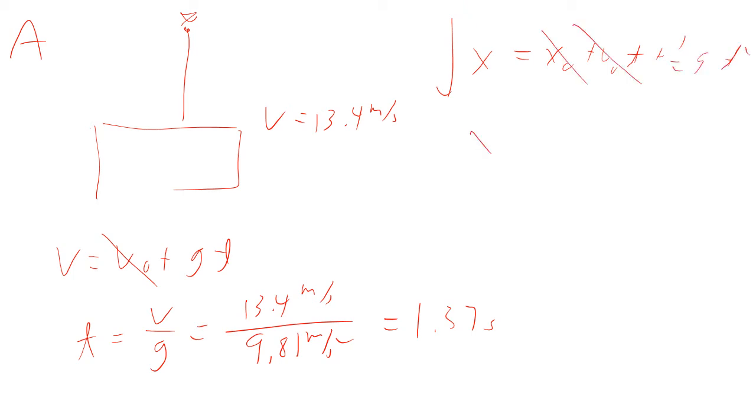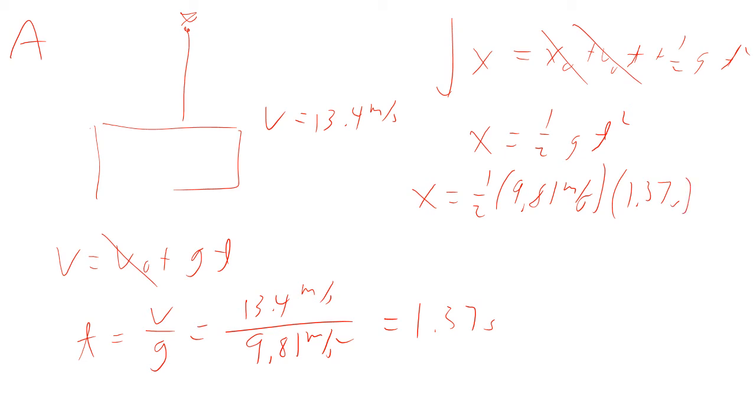All that's 0, so x is just 1/2 gt squared. So x is going to be 1/2 times 9.81 meters per second squared times 1.37 seconds squared. So x is going to be a distance of 9.15 meters.